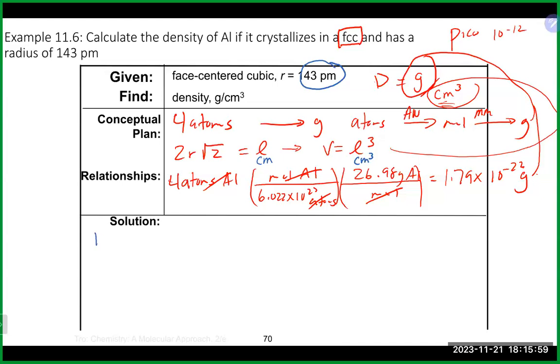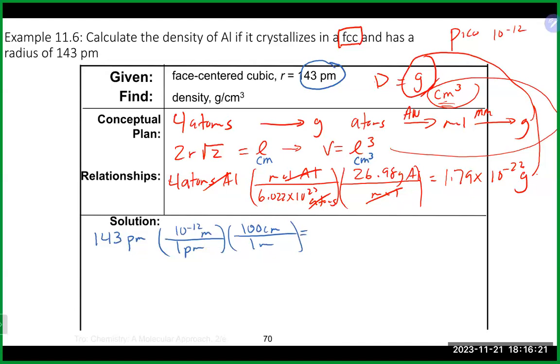So we have 143 picometers. 1 picometer is 10 to the minus 12 meters. And in 1 meter, there's 100 centimeters, right? So that's going to convert me over into centimeters.